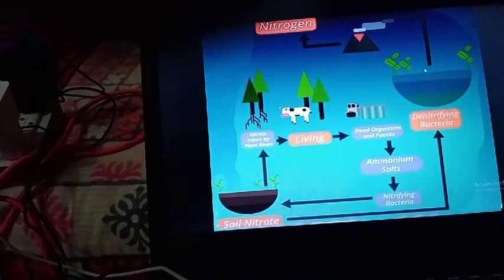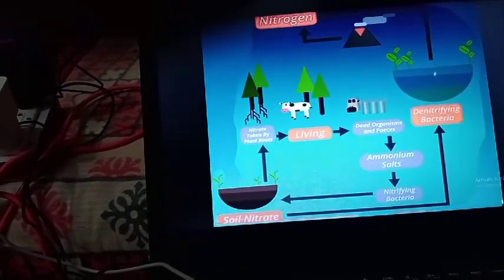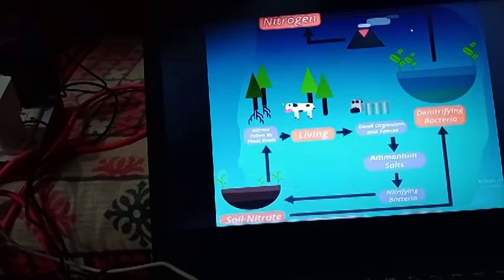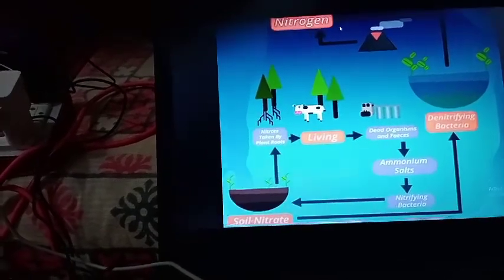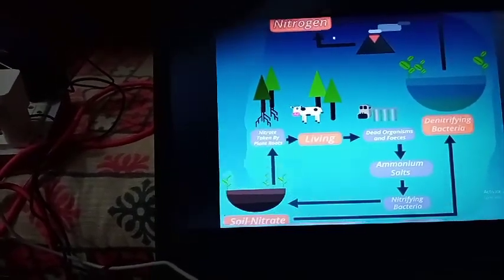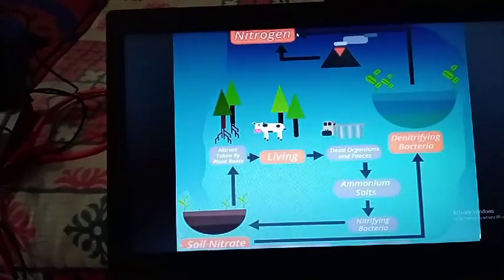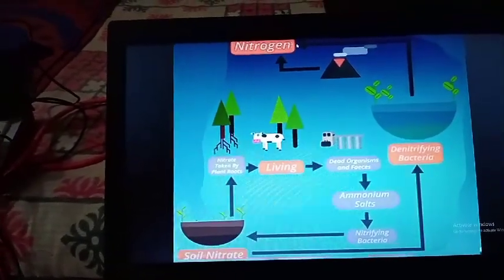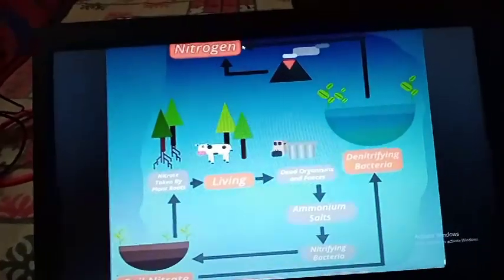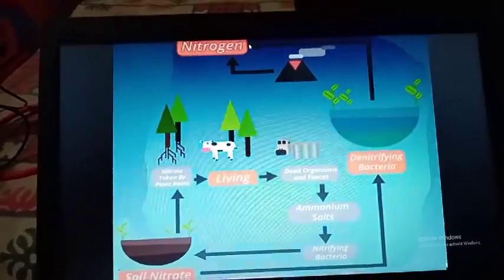So this nitrogen is released back into the atmosphere. Thus nitrogen once again reaches the atmosphere and becomes part of the gases in the atmosphere. And therefore, because of this cycle, the nitrogen reaches back in the atmosphere at the end of the nitrogen cycle, so the amount of nitrogen in the atmosphere does not change.